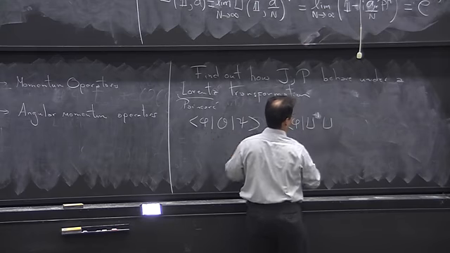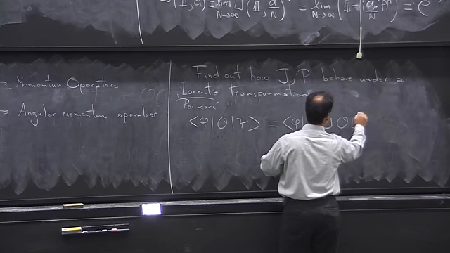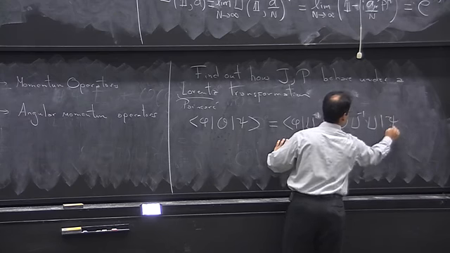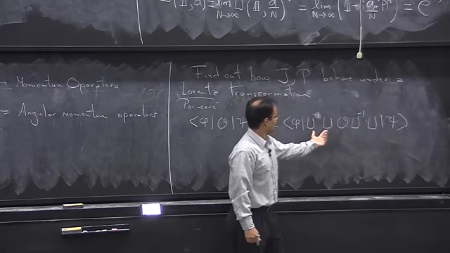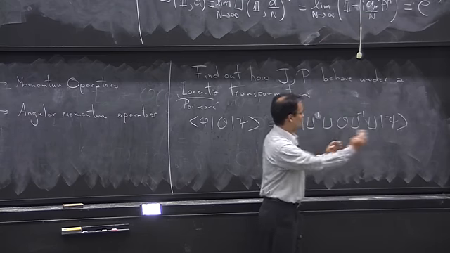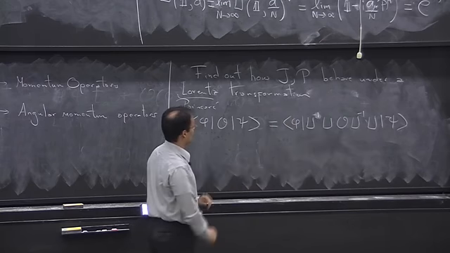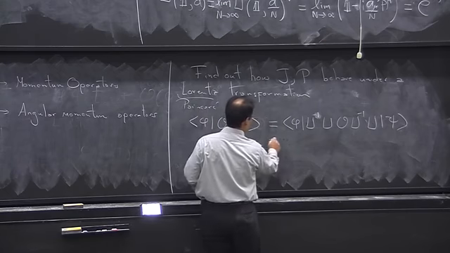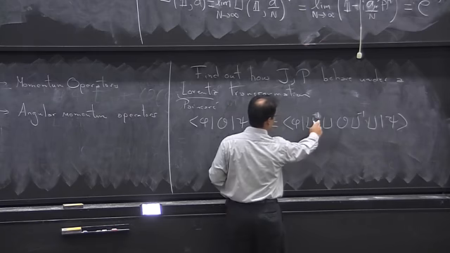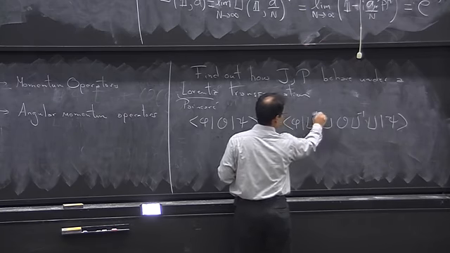Well, we can put an inverse here. Here is a trick. I'm only multiplying by the identity and writing the identity like this, where this U is a transformation, the unitary transformation that takes what observer 1 sees to what observer 2 sees, right? Now here, this is unitary, so I can replace this by a dagger.